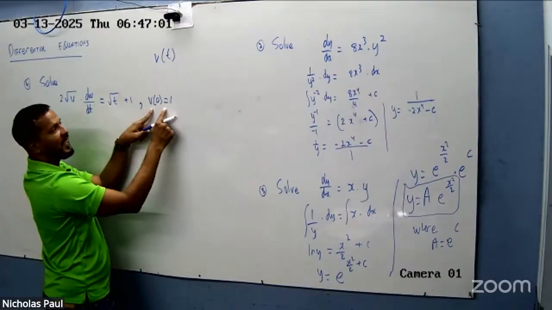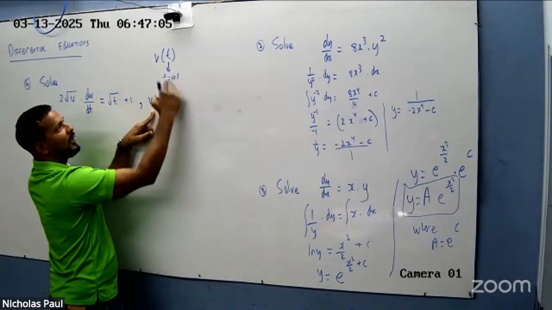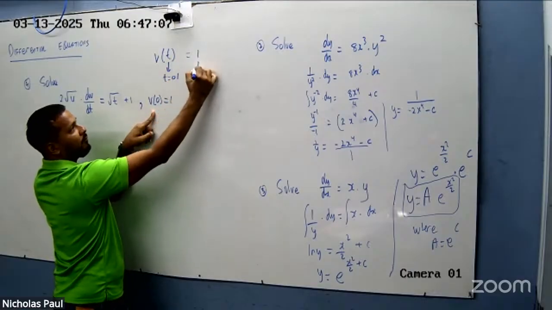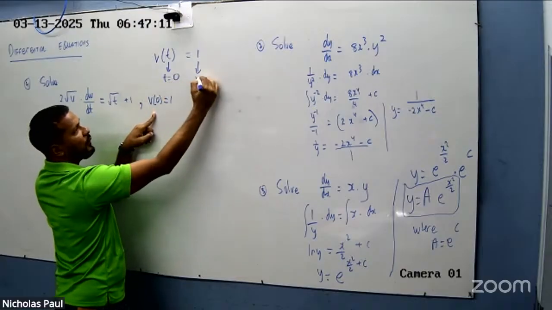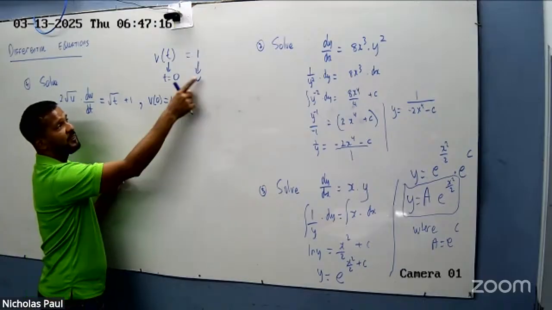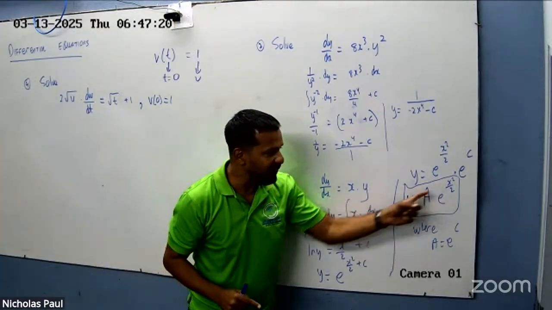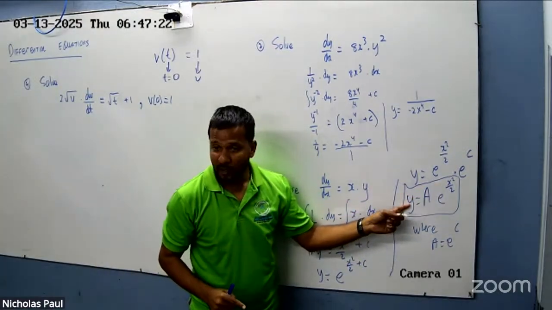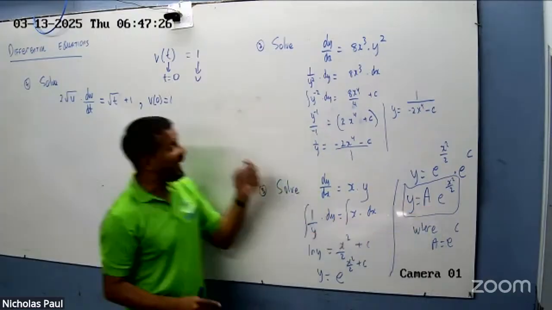What this is saying is that when t is equal to 0, the v value is 1. That's what they're saying, right? So for example here, if I gave you x is 5 and y is 1, can you solve for A? Yeah. So that's the purpose of this.